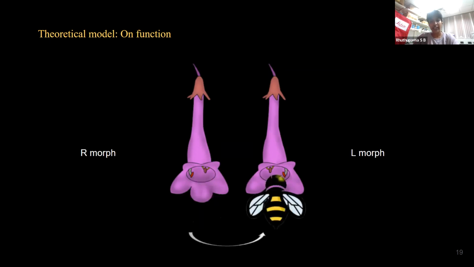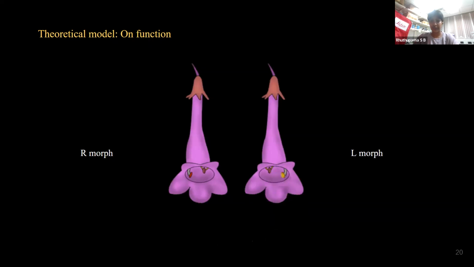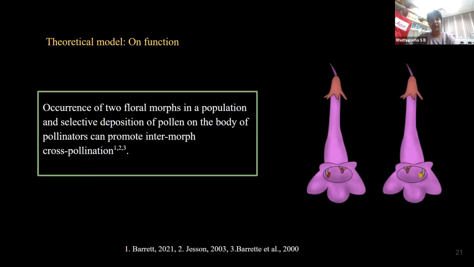And when the pollinator moves towards the opposite morph, that is L morph, it touches the stigma positioned on the left side of the flower and leads to the successful transfer of pollen between morphs. So it was suggested that the occurrence of two floral morphs in a population and the selective deposition of pollen on the body of pollinators can promote intermorph cross-pollination.